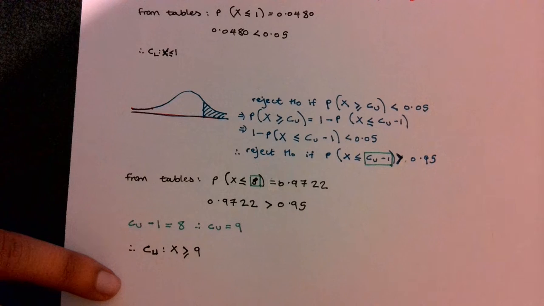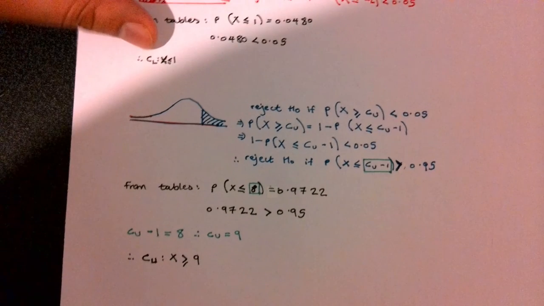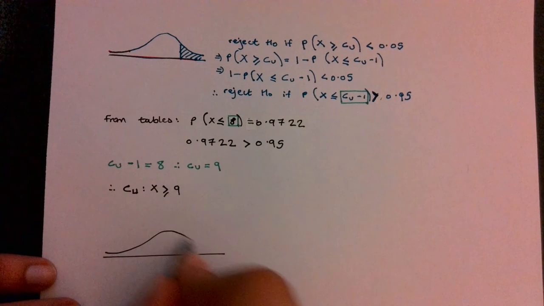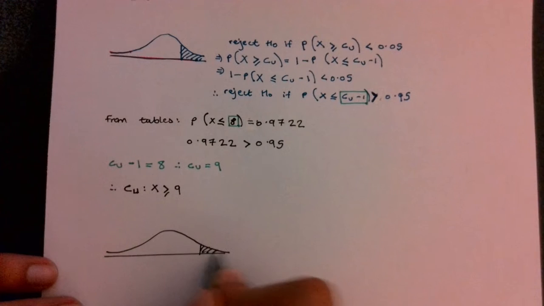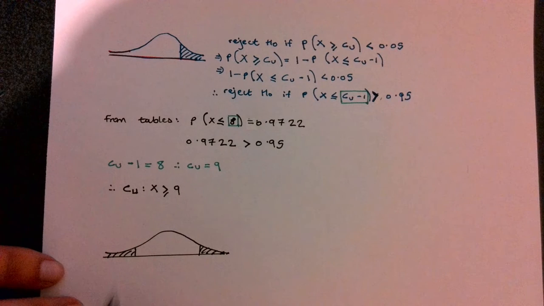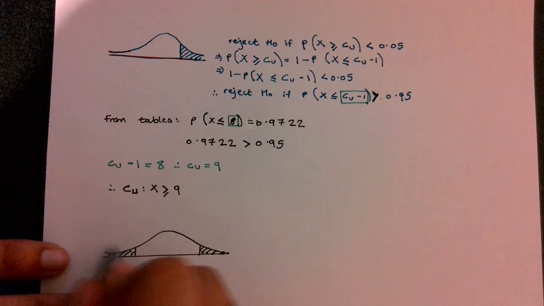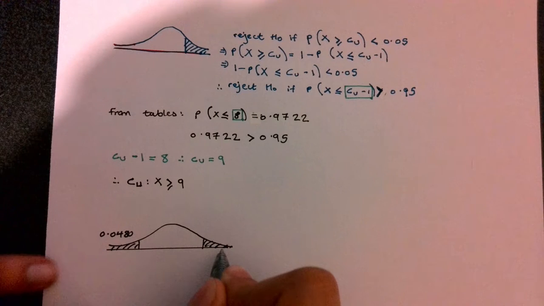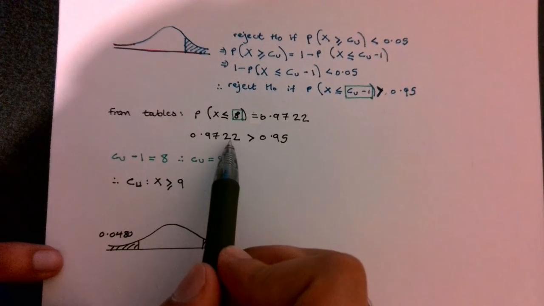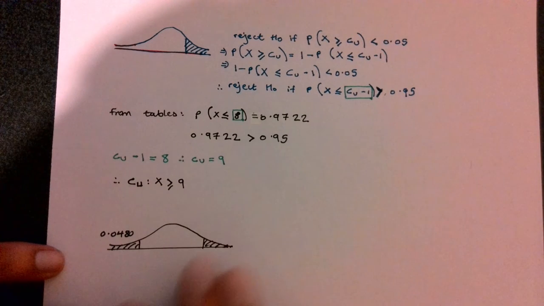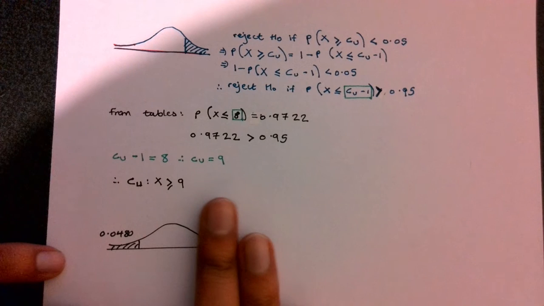Okay? So in terms of what that means in terms of a diagram, if I draw out a distribution, we've got a region here and here where we reject H0, and we found over here that this is 0.0480, and this over here is 1 minus the 0.9722, because remember, x being less than or equal to 8 will be everything over here, not including this bit over here.